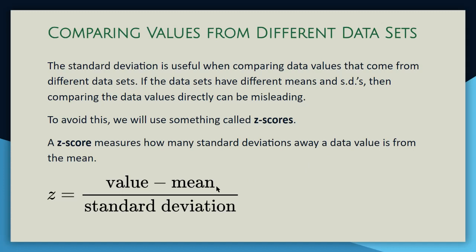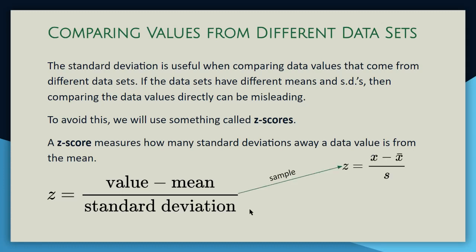To do that, we find that deviation, data value minus mean, and then we divide it by the standard deviation. If you've run 1var_stats to find the standard deviation, you should already have the mean as well. So running this calculation is just subtract and divide, subtract and divide.